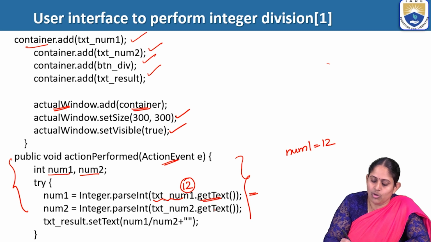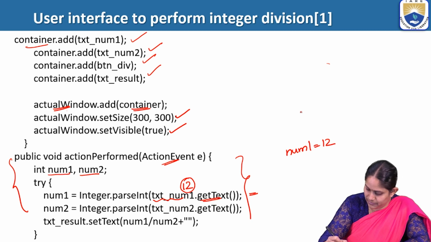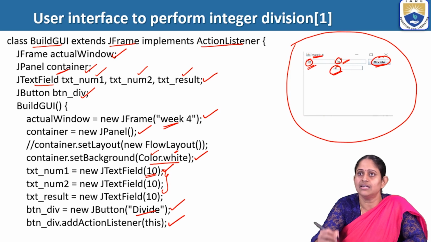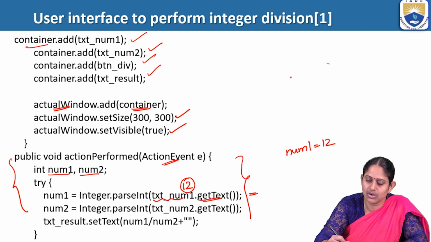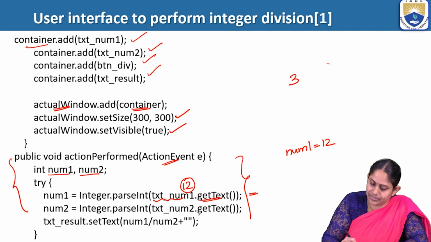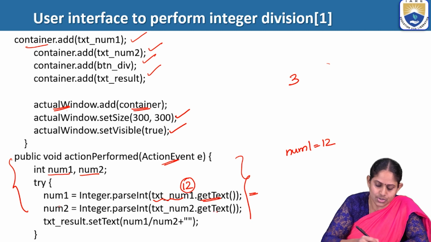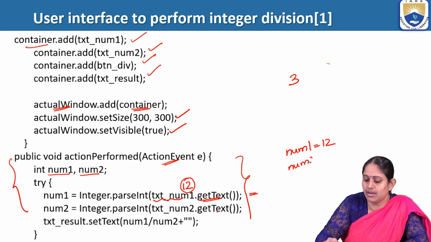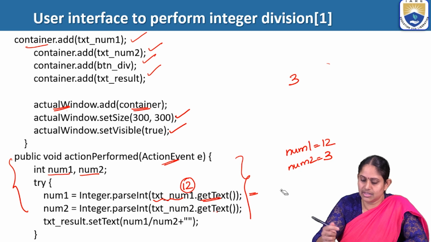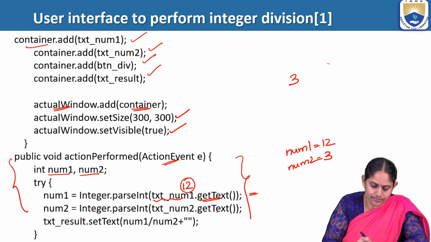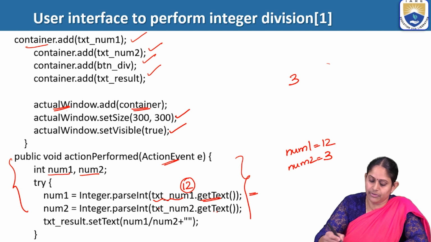In the same way, whatever we had given, 3, in the second text field will be read in text form by the textnum2.getText method, converted into integer, and stored into num2. So num2 will be 3 now. Now we have to perform the division.